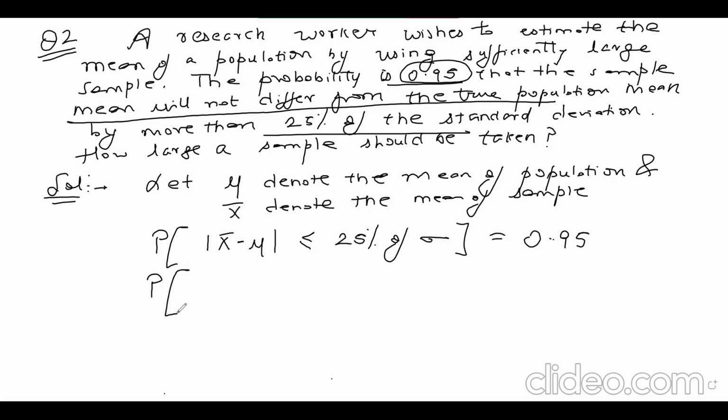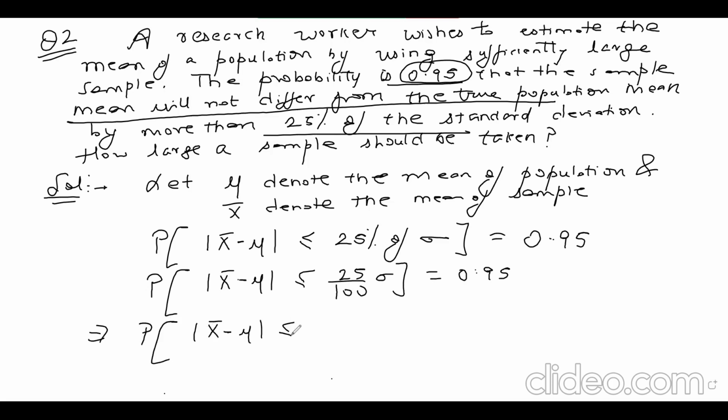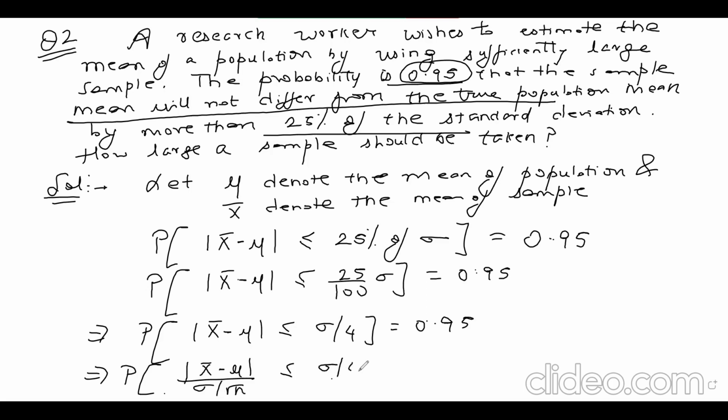So if I solve this, mod of x bar minus mu less than or equal to 25% of sigma means 25 by 100 multiplied by sigma equals 0.95. This I can write as mod of x bar minus mu less than or equal to sigma by 4 equals 0.95. To convert to z, I divide both sides by sigma by root n. So mod of x bar minus mu over sigma by root n less than or equal to sigma by 4 divided by sigma by root n.